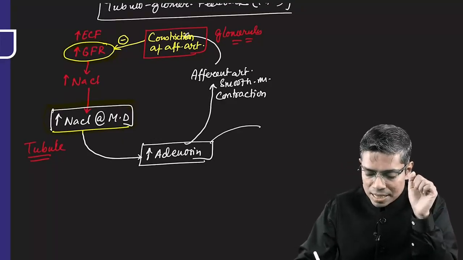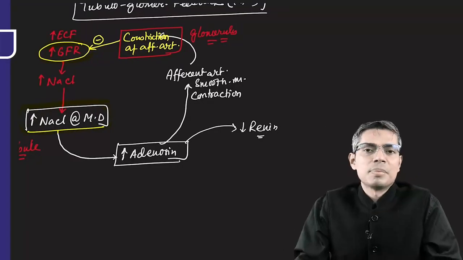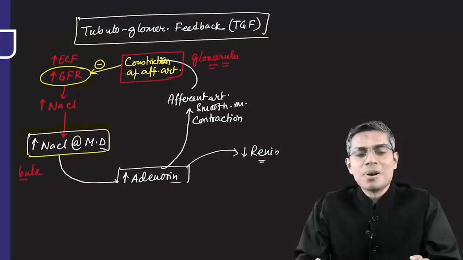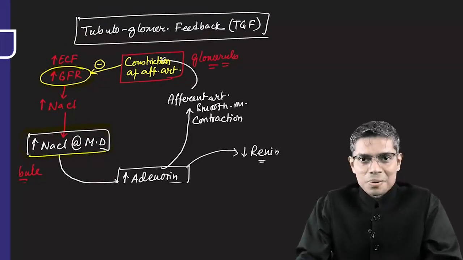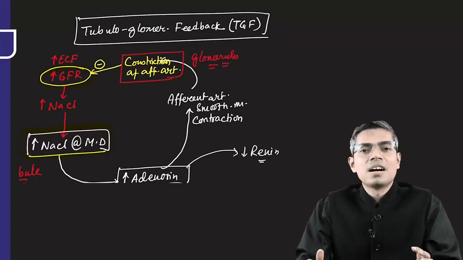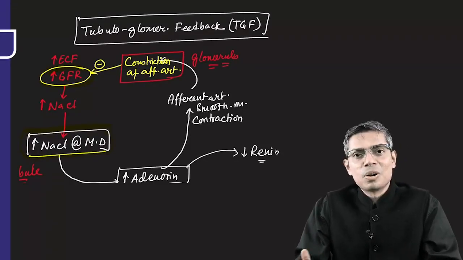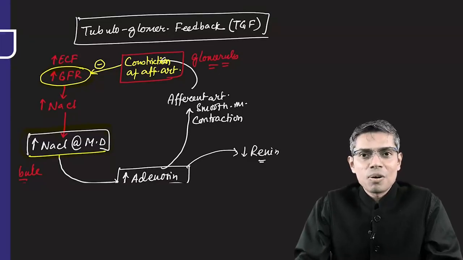Although this increased adenosine will also decrease the renin release, that is not part of the tubuloglomerular feedback mechanism. So this way you have to remember how the macula densa cells are functioning, and with the macula densa cell, you must understand how the TGF or tubuloglomerular feedback mechanism is working, right? So this is all about your JG apparatus.